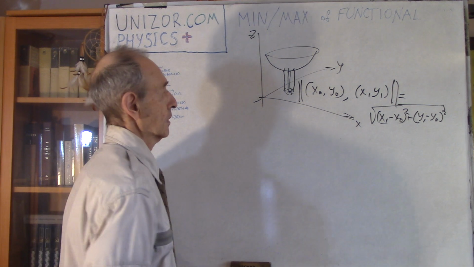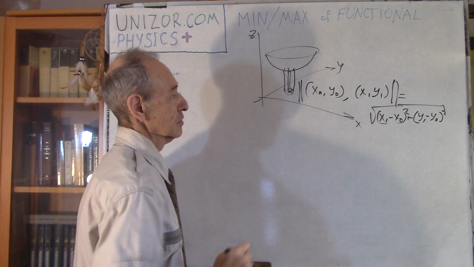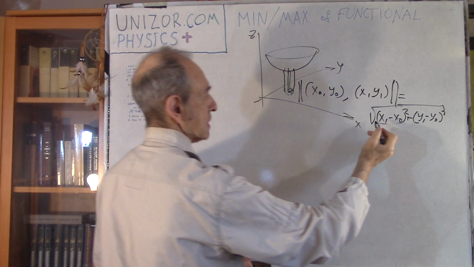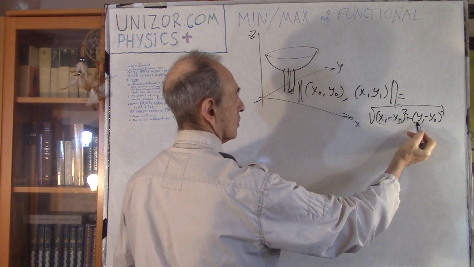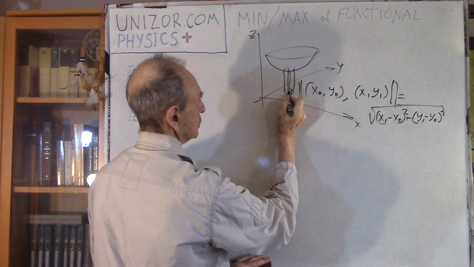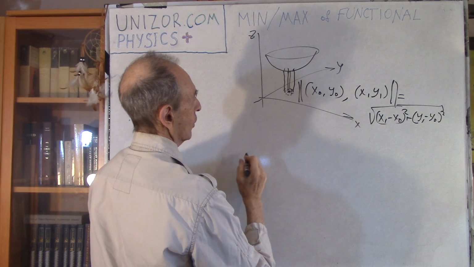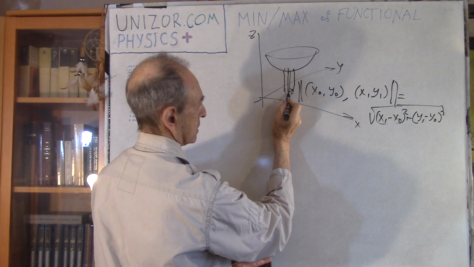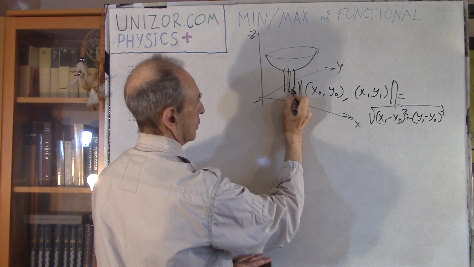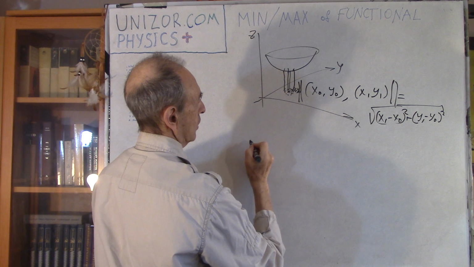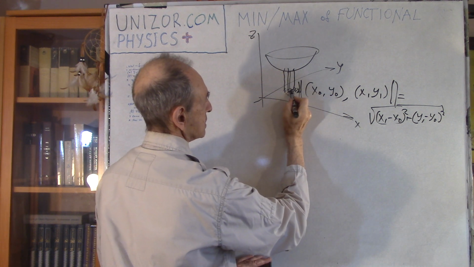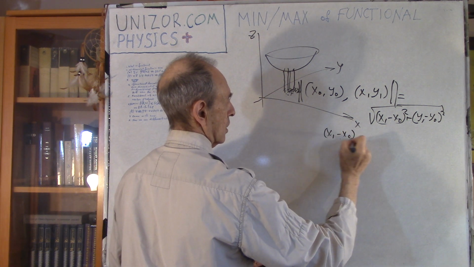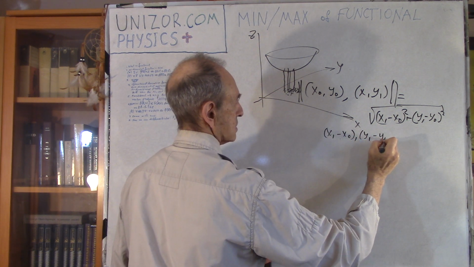Right? Now, I would like actually to do it in a simpler formula, because what is x1 minus x0, y1 minus y0? Well, if you take this point and have a vector from point x0, y0 to point x1, y1, the coordinates of this vector would be x1 minus x0, y1 minus y0.